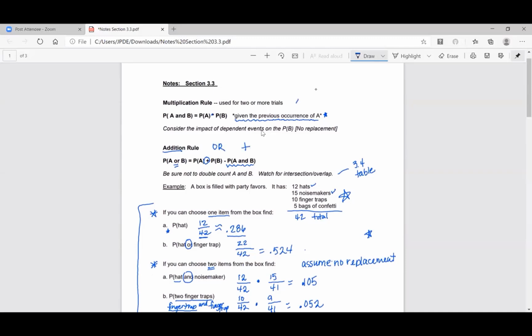And the multiplication rule and means multiply. So moving forward, the next section we're going to look at tables. And the multiplication rule and the addition rule will apply for the tables as well.